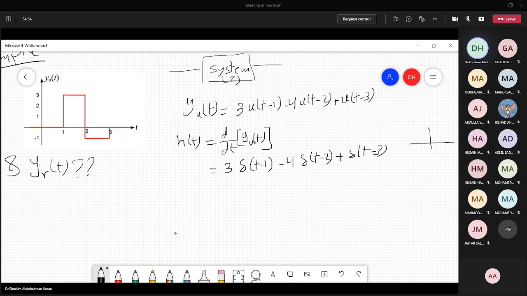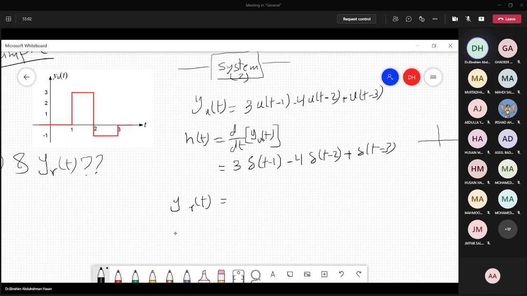And number 2, we want to find y r of t. And y r of t is just the integration of this one: the integration of y u of alpha d alpha from minus infinity to t. The integration of u is equal to ramp.